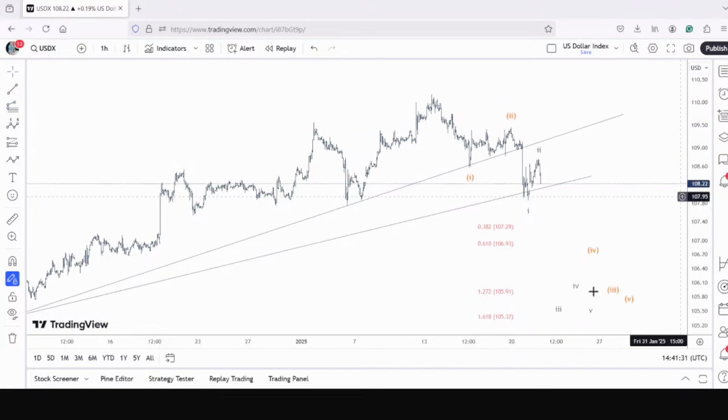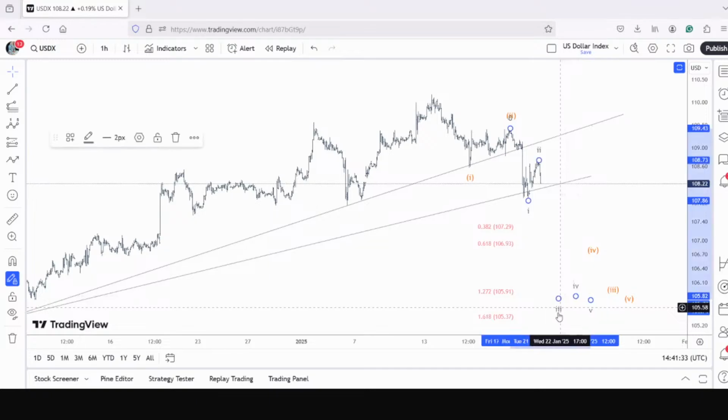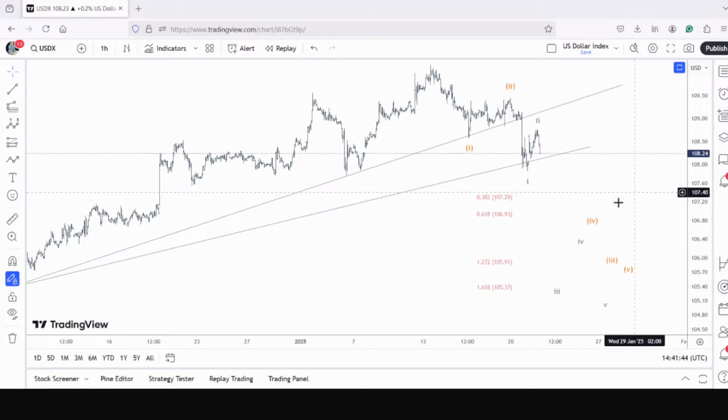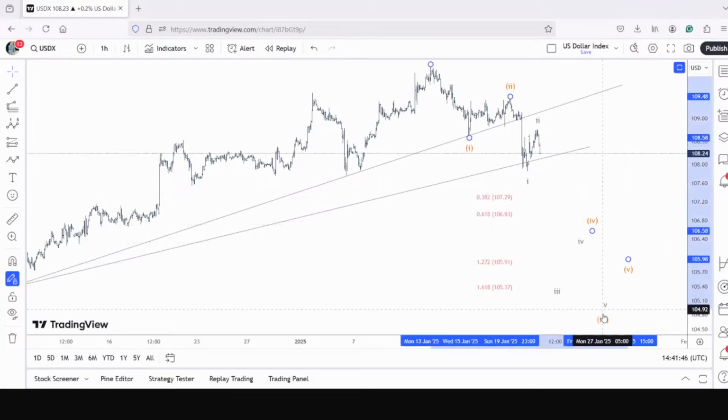So this wave 3 goes down to 105, and then we get wave 4, and then again wave 5. So that brings us to wave 3 of one larger degree. Clear? And then this wave 5 goes there, and the wave 4 is the retracement.